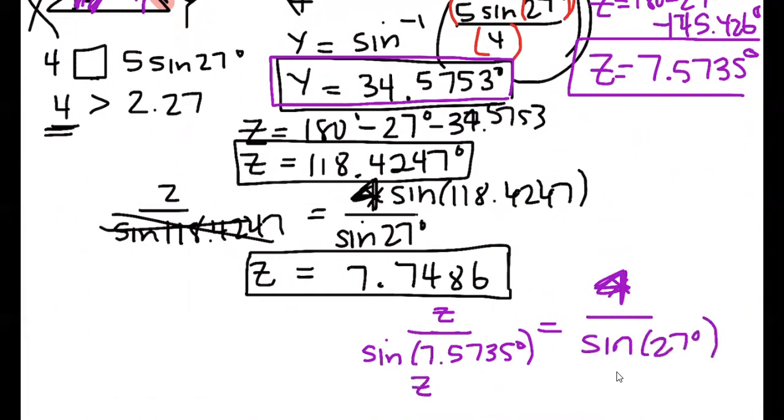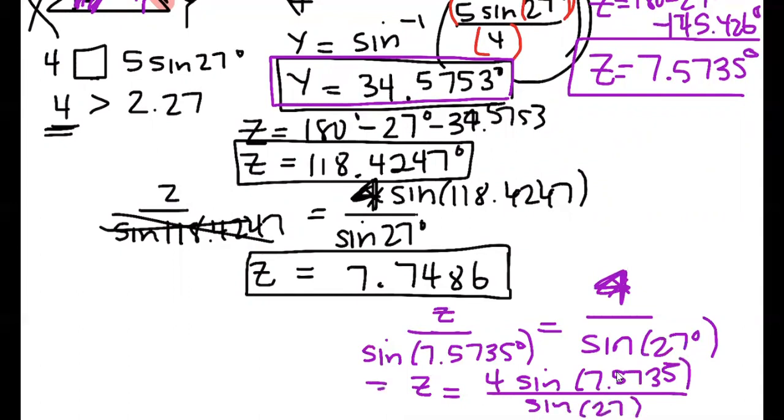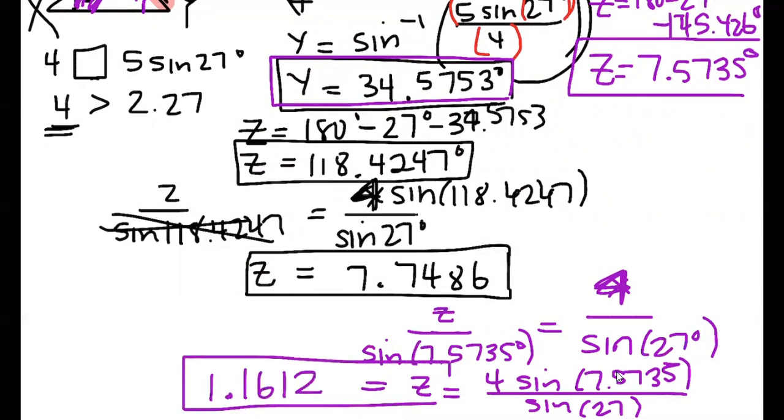So to find side Z, I'm going to do 4 times the sine of 7.5735 divided by the sine of 27, and I'm finding that that side is 1.1612. So those are our two triangles for the angle-side-side case.